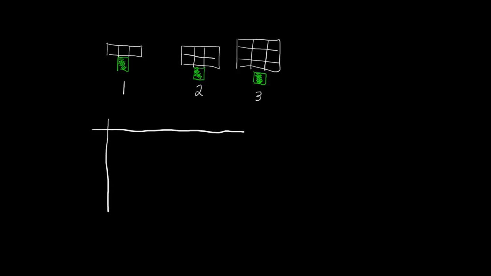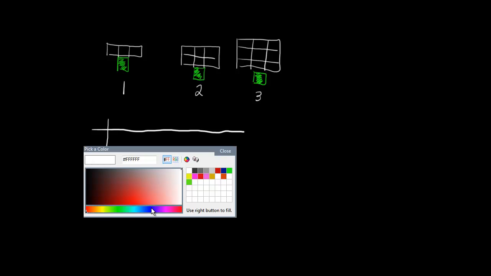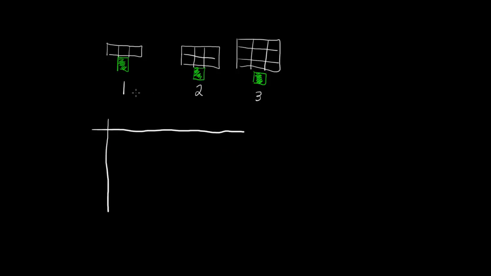Okay, so if we look at this pattern, we end up with three blocks, and then we have the first three, and then the next three, and the next three, and the next three, and then we have this one block here.